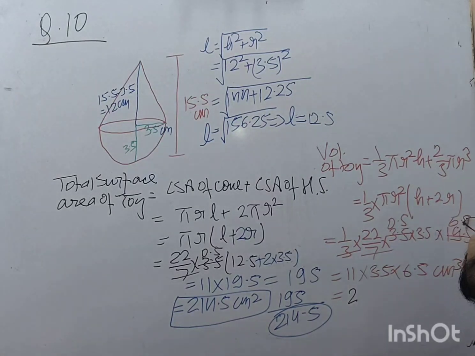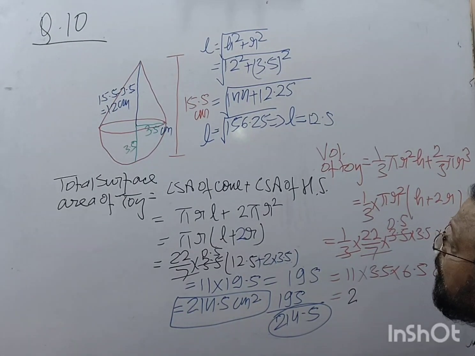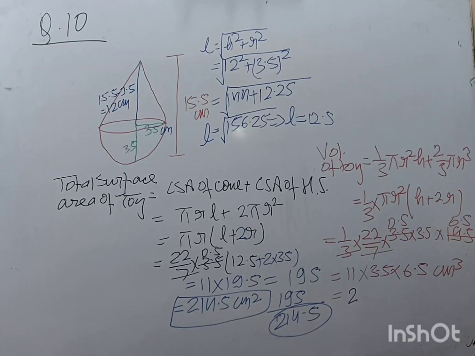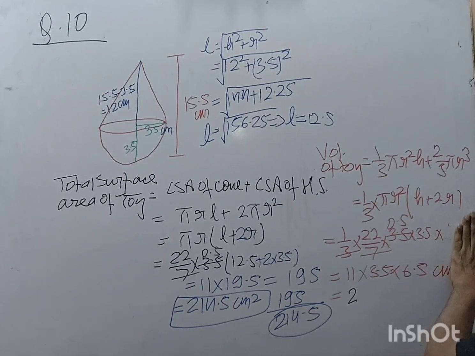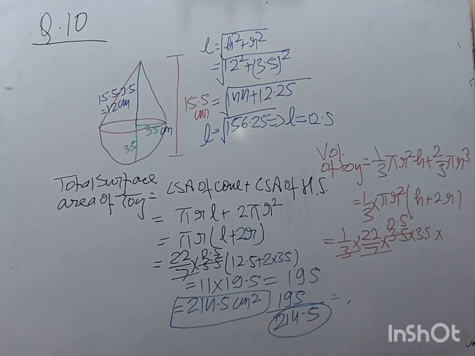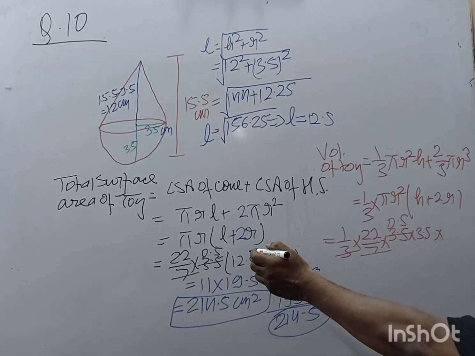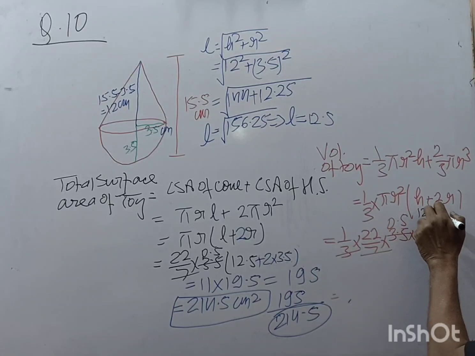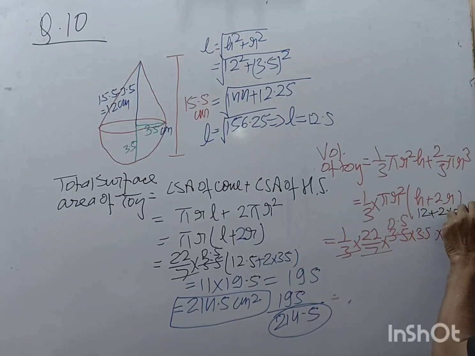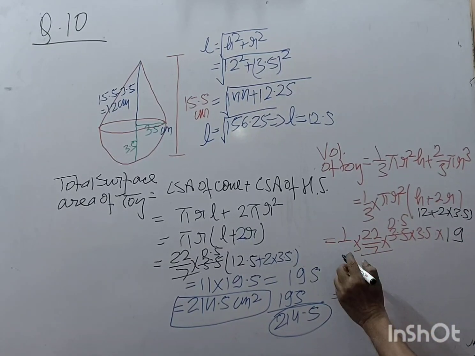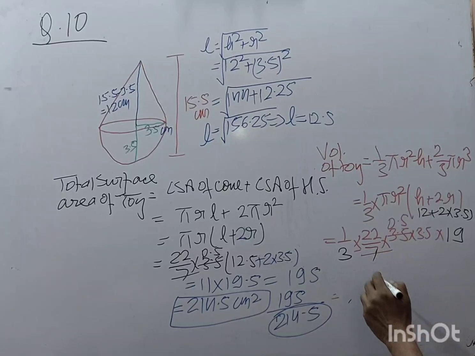Here in the volume formula we take height, but there we took L. So 12 plus 2 into 3.5 becomes 19.